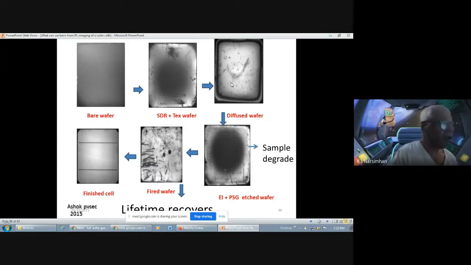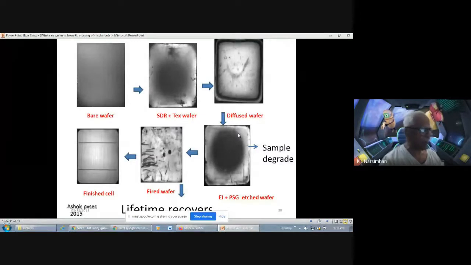Diffusion requires you to put in phosphorus; this was p-type silicon, so you put down some n-type phosphorus and diffuse it through, and you can see an improvement of the lifetime. But then there's an oxide which comes when you do this process, and when you remove the oxide, the lifetime has gone all over again. But then fortunately, when you heat the wafer, you can recover the lifetime, and then the finished cell looks quite uniform.